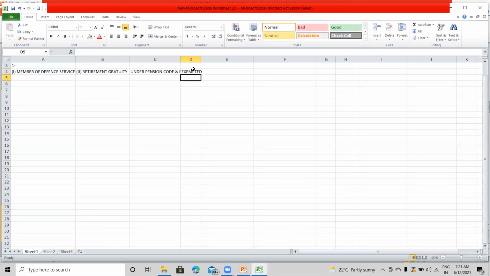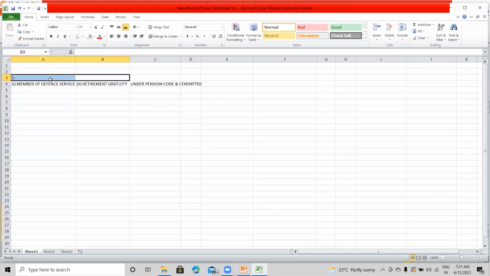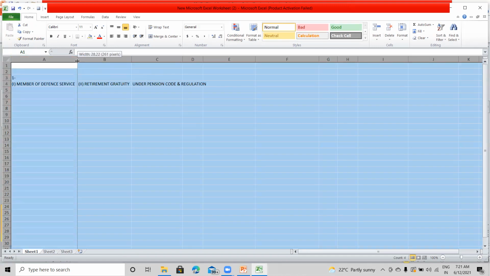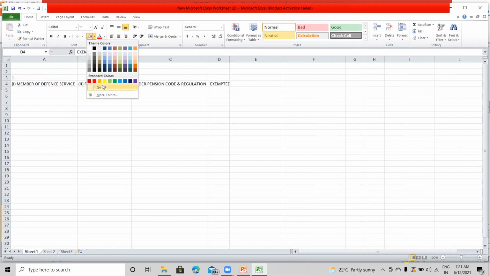If it is received by a member of defense, then such amount will be exempted as per point 1.